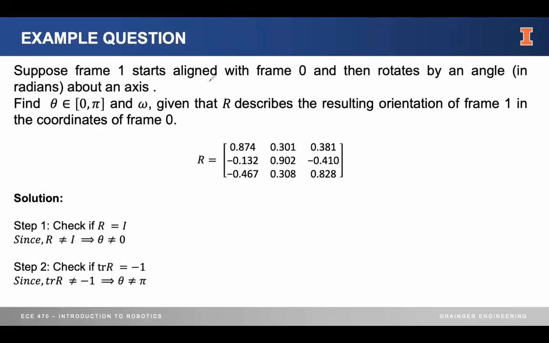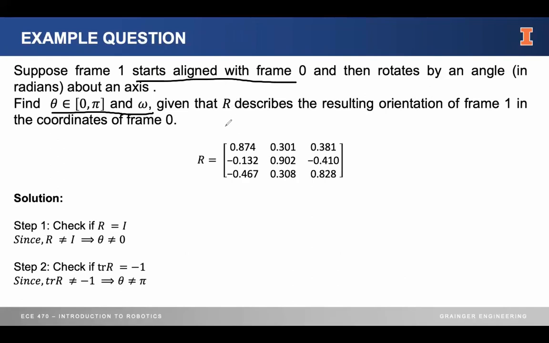Now let's see an example question and how to solve it. What's given to us is that frame 1 starts aligned with frame 0 and then it rotates by an angle about an axis. We have to find the angle theta and the axis omega, given that the rotation matrix R describes the resulting orientation of frame 1 in the coordinates of frame 0.